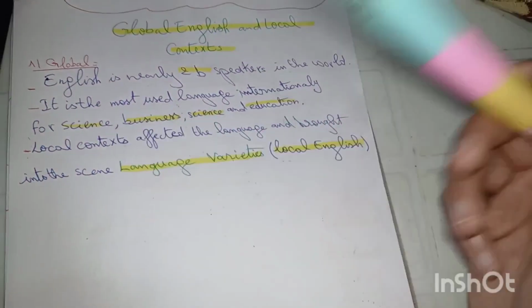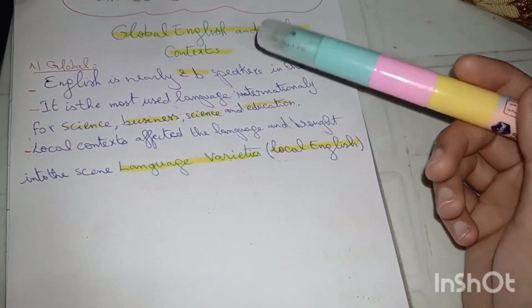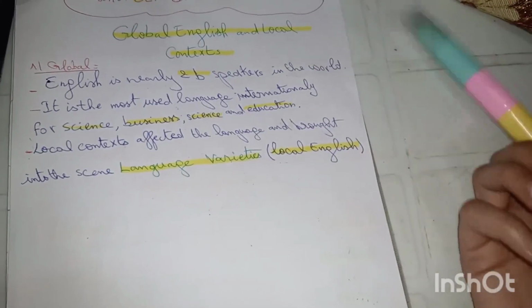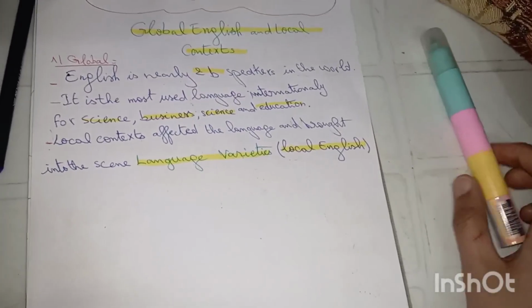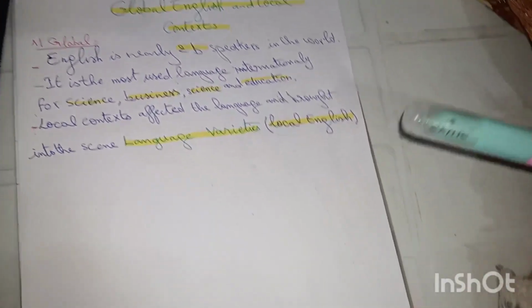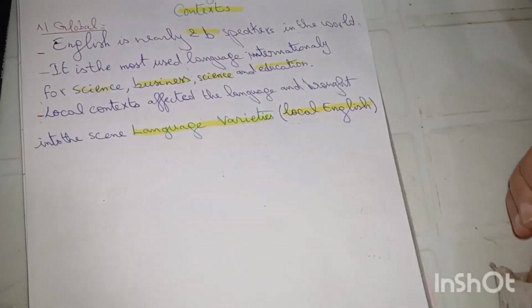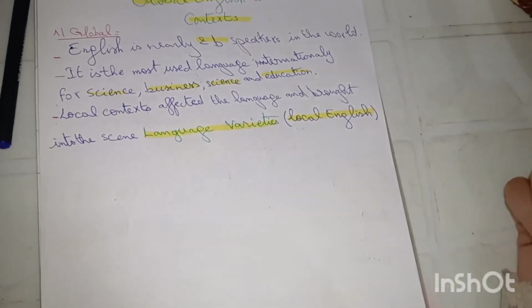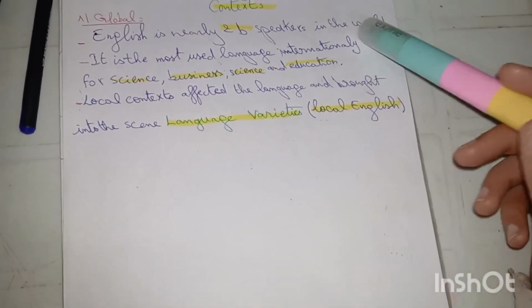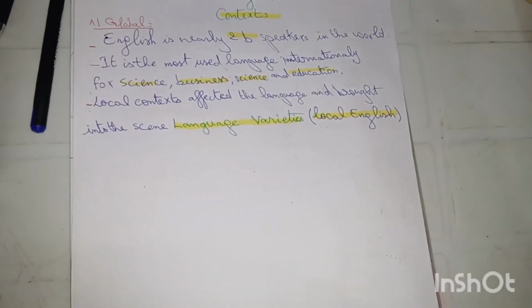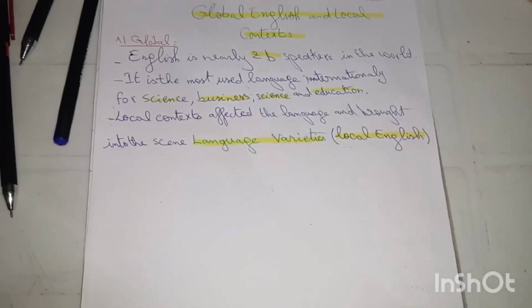For example, Indians who use the language differently, just adding certain terms, or mispronouncing some sounds. At least they deliver the message, and that's what is needed in local English.